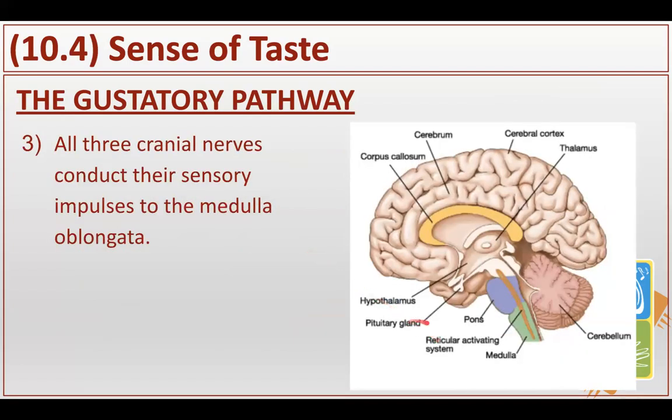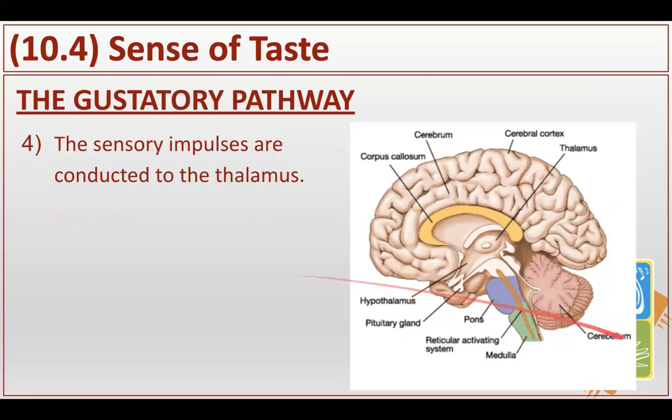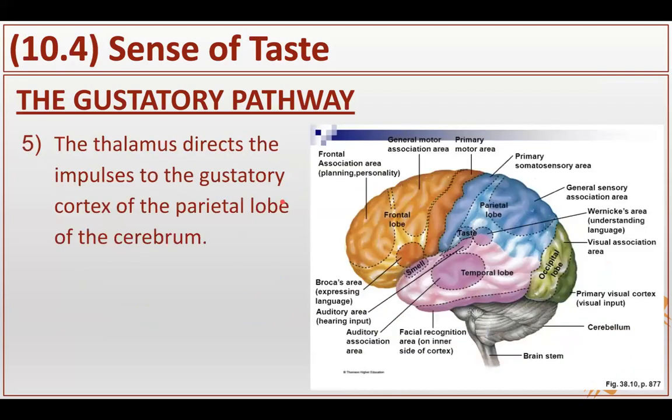So at that point, all of them are going to go through the medulla oblongata, which is stimulated here. That's the green portion of the brainstem, according to our diagram. From the medulla oblongata, it's going to get transmitted up the brainstem to the thalamus, stimulate the thalamus, and from the thalamus, we'll travel up to the parietal lobe.